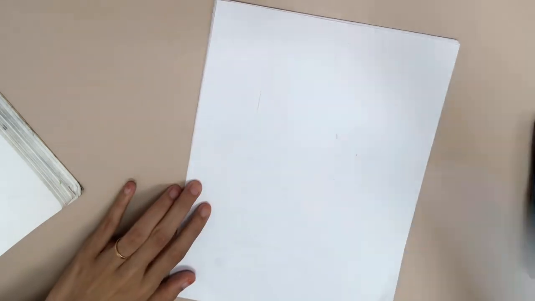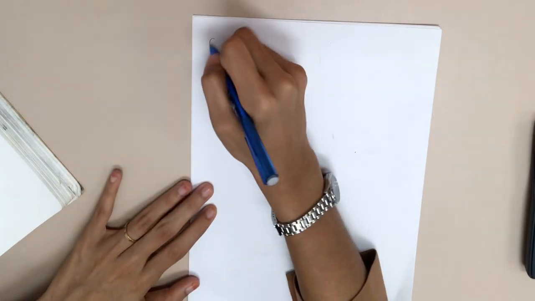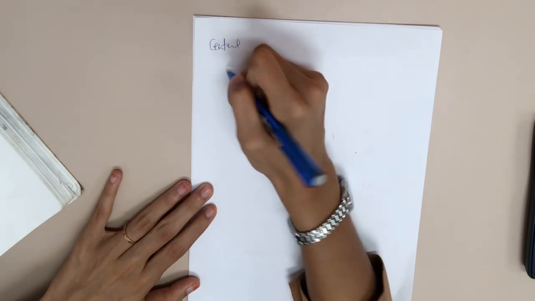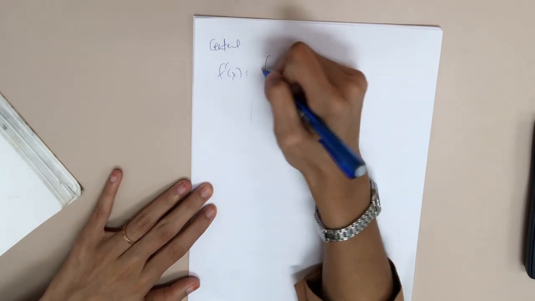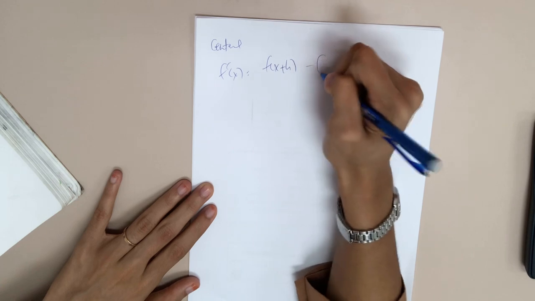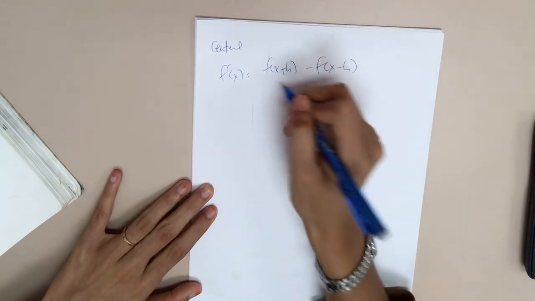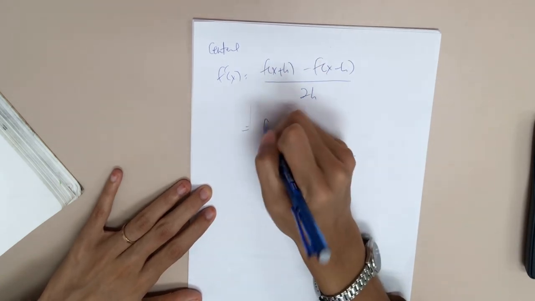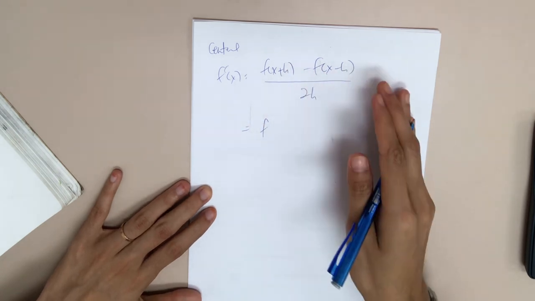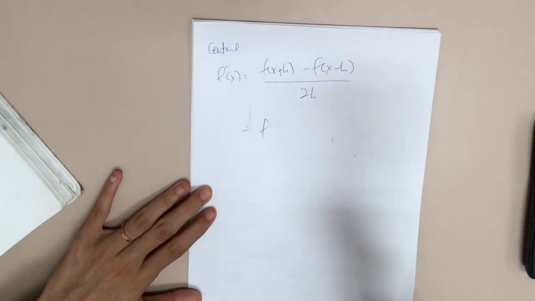Okay, now for centered, f of x plus h minus f of x minus h divided by 2h. Actually these two you already calculated in the forward and backward, so just substitute it.